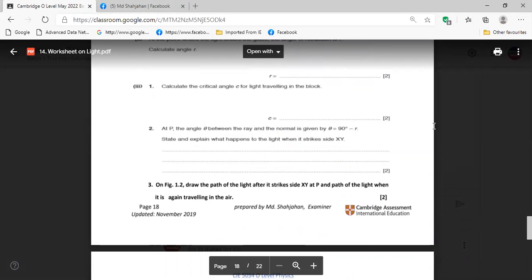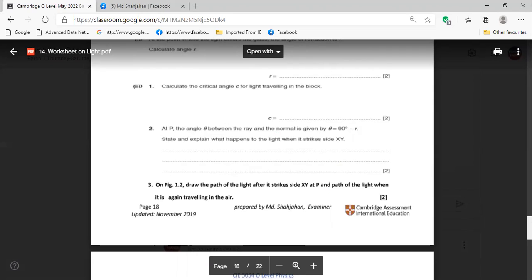At P, the angle theta between the ray and the normal is given by theta is equal to 90 degree minus r. State and explain what happens to the light when it strikes side XY. We read it XY.